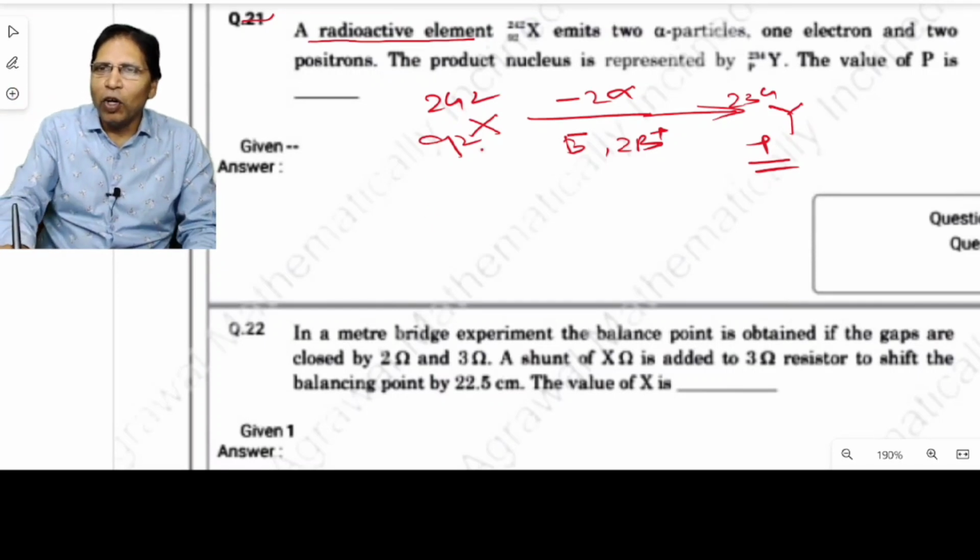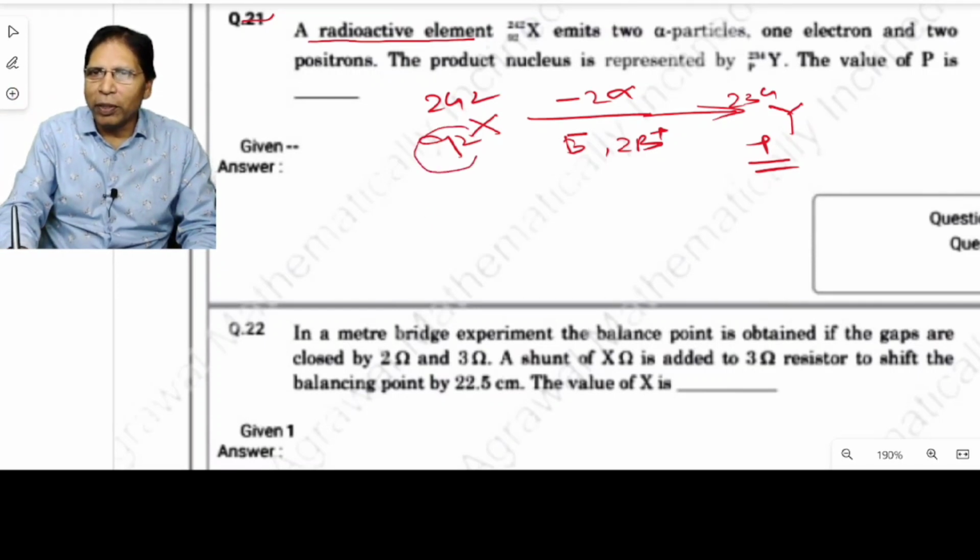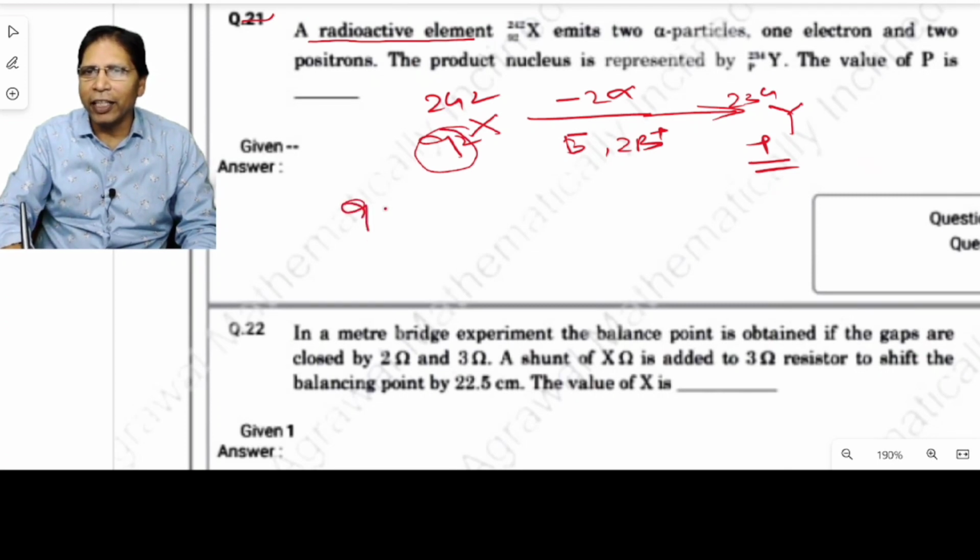Okay, now we have to apply the conservation of atomic number. Look at this, it is 92. When two alpha particles are emitted from this element, the atomic number decreases by 2 into 2. When an electron is emitted from here, the atomic number is increased by 1 unit.